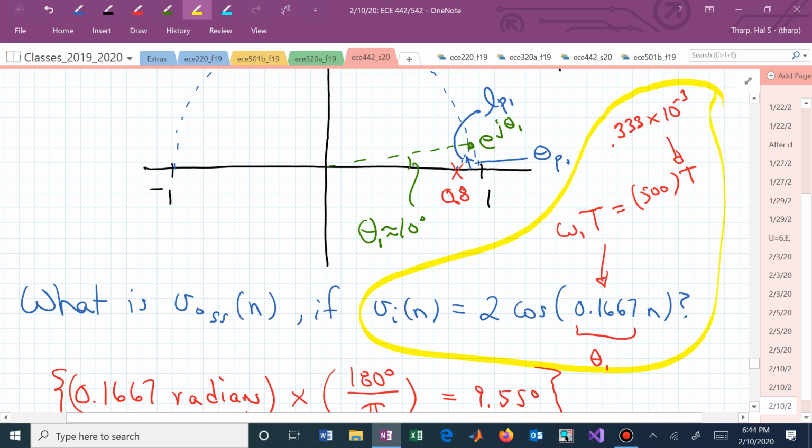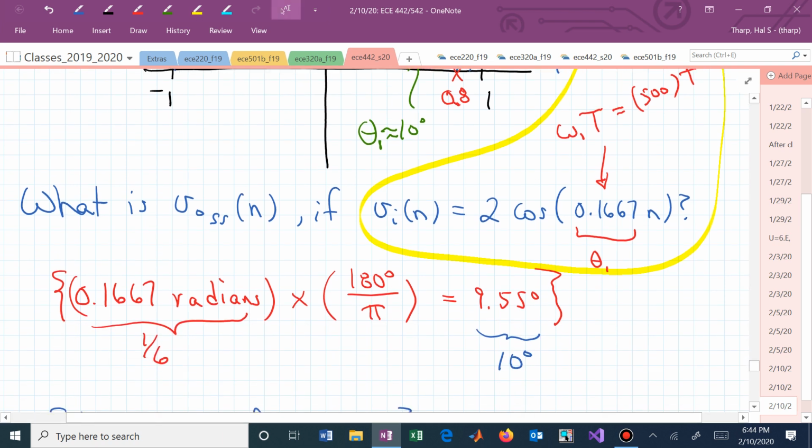We had a 2 cosine of 500 little t. We've now discretized that, replacing little t with little n capital T, putting the big T in with the omega 1. So that's 500 times T, which gives us the 0.1667. That's our theta 1 times n, based on a sample period of 0.333 times 10 to the minus 3. That help? That gives us our e to the j theta 1 location.